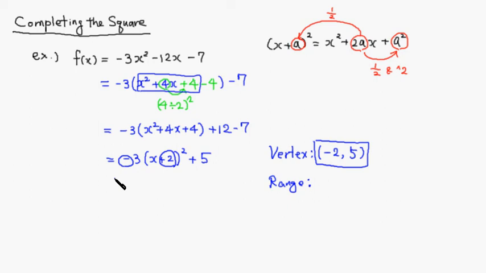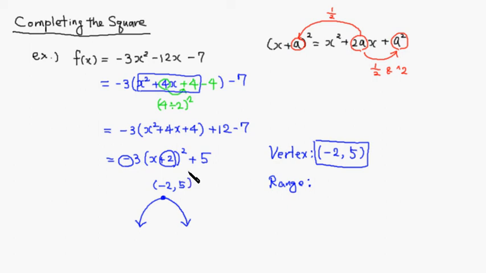The original x squared is a parabola facing up, but this one is going to face down because of the reflection about the x-axis. So we know that it's going to look like this. Then we know that the vertex is (-2, 5).